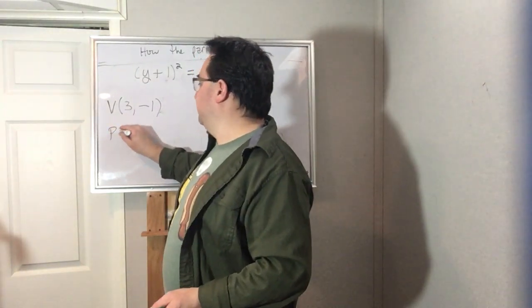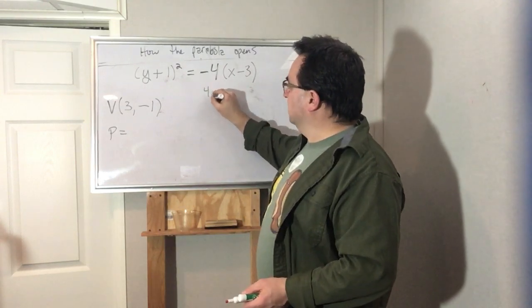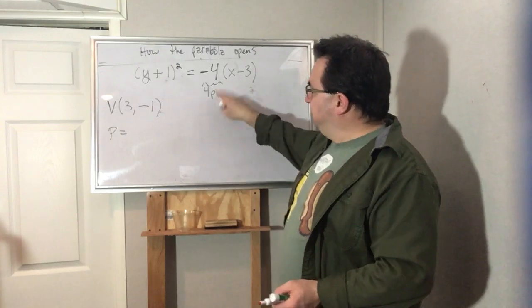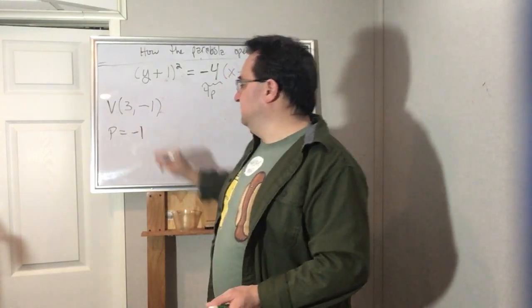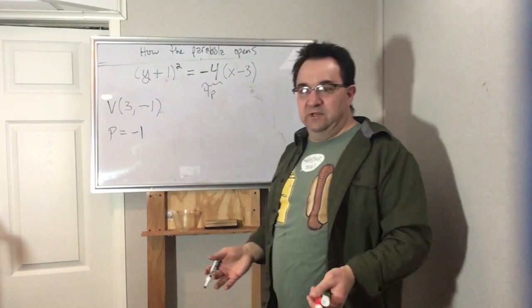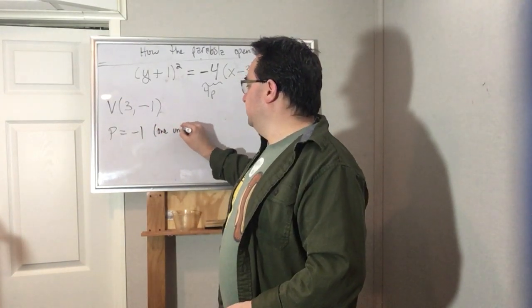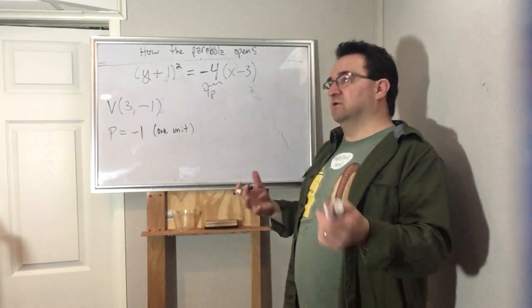What would p have to be? Well, you can write negative 1 if you want. Think about it. 4p is normally in this position in the main equation. So what would p have to be to make that a minus 4? You could put minus 1 if you want. 1 is what we care about. 1 unit, because that's how far it is to the focus. So I really care about the 1.